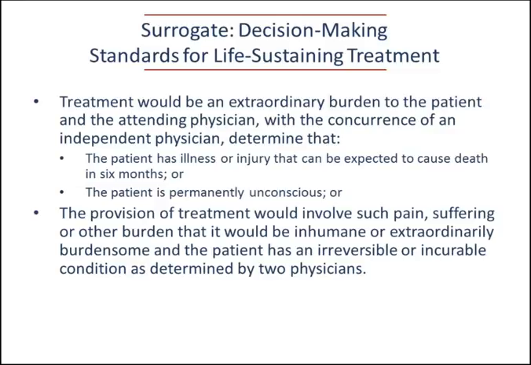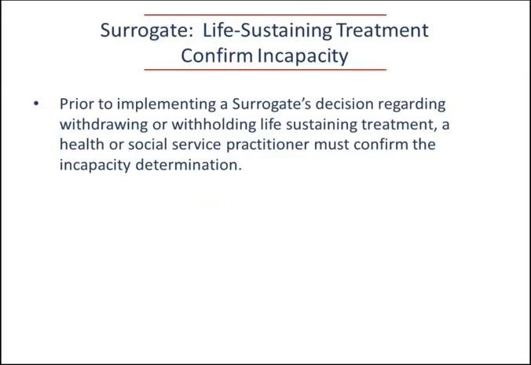So that's the standard that must be complied with when a surrogate is making a decision to withdraw or withhold life-sustaining treatment. Prior to implementing a surrogate's decision regarding the withdrawal or withholding of life-sustaining treatment, a health or social services practitioner must confirm the incapacity determination. Again, we always want to give the patient one last opportunity to speak for him or herself.